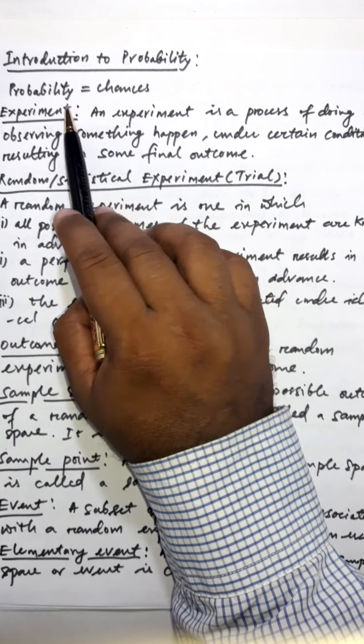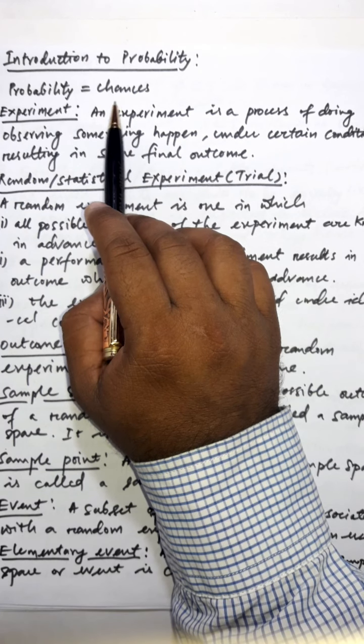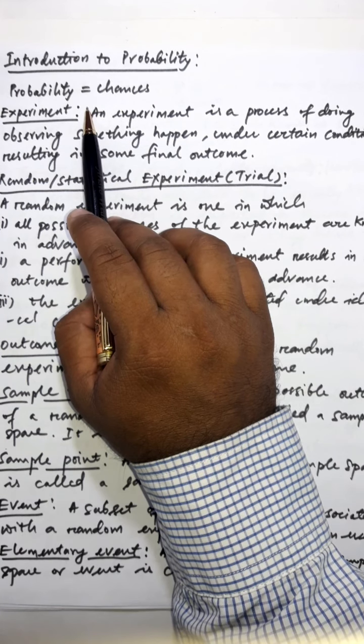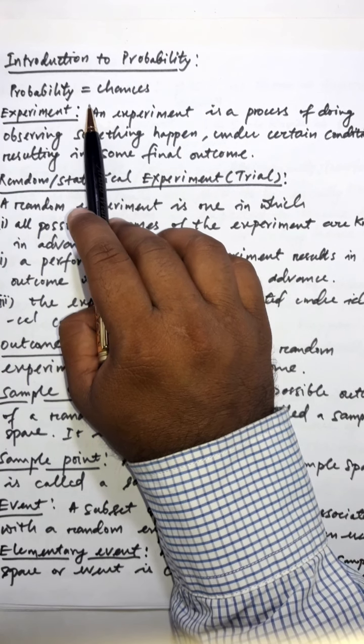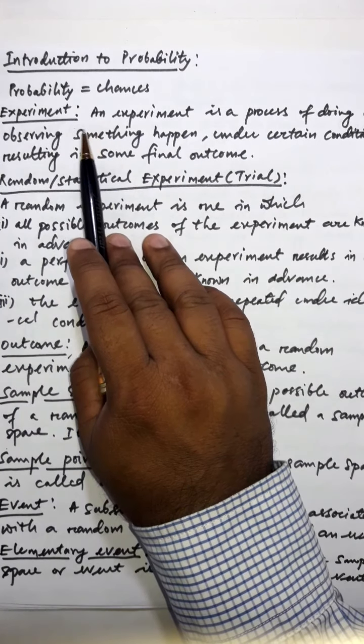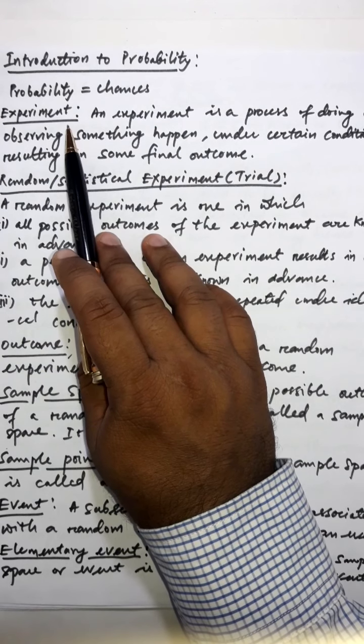Now, the concept of probability is based on the outputs obtained from one particular practice, and that practice is called an experiment.